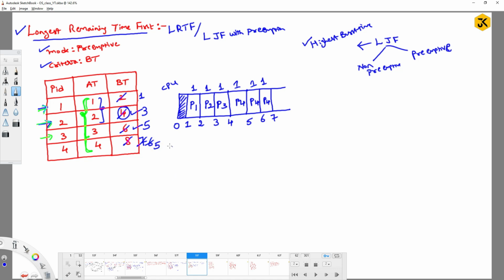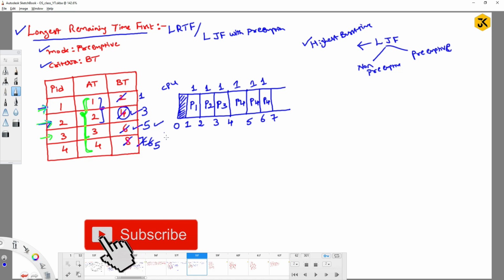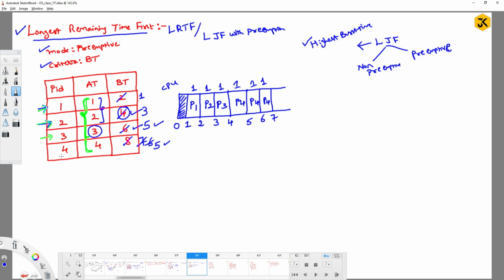Now, by 7 units, 2 processes have the same precedence. One is P3, another one is P4. Then which one will be given the priority? According to the arrival times. The process which has the lesser, that is first, arrival time, we can go with that. Now I will give the chance to P3. If I give P3 1 unit of time, it will decrease by 1.